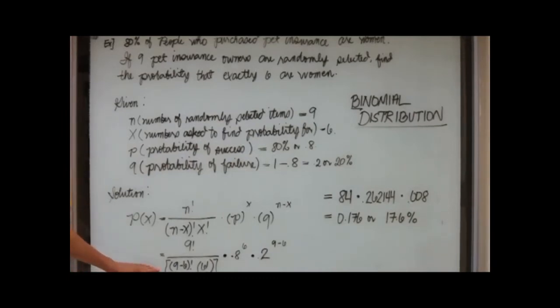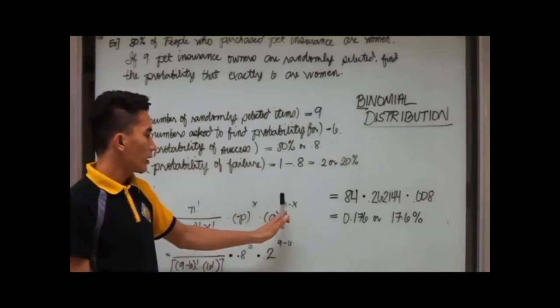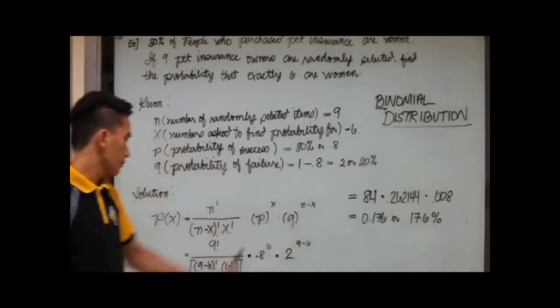Then use the formula and substitute the variables. P of x is equal to n factorial over n minus x factorial times x factorial, times p raised to x, times q raised to n minus x.